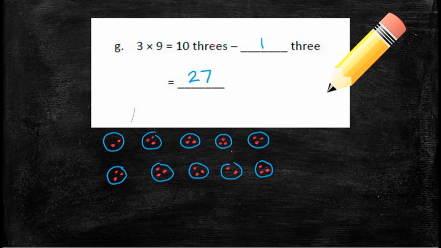There are 10 3s here. But did you notice when you counted by 3s that there was 27, and 27 would have been right here. So if we subtract, we know we want to get to 27 because we know that 3 times 9 equals 27. If we subtract this last group here, how many 3s are in there? Well, there's one group of 3, right? So you know that that is correct.